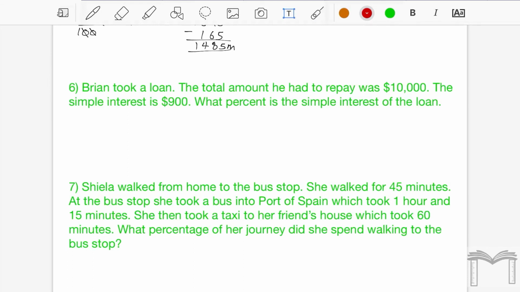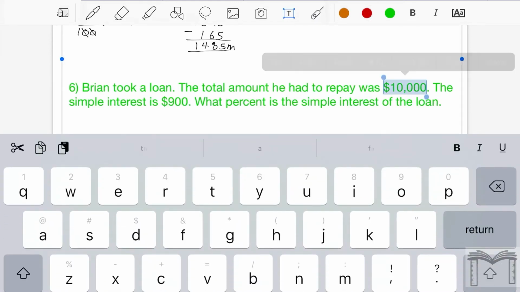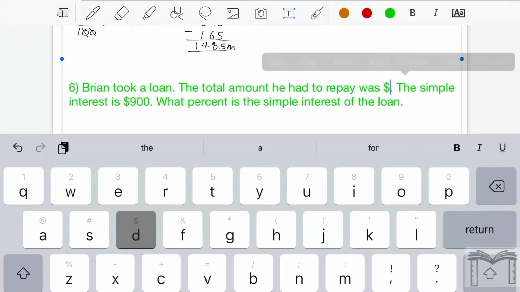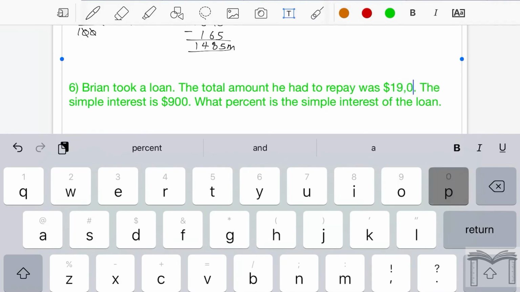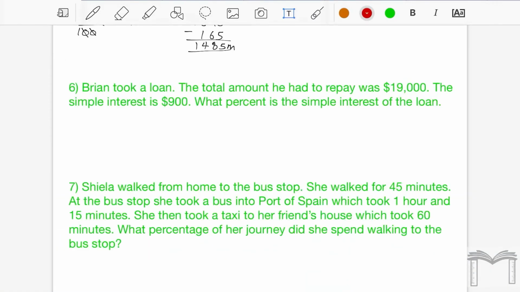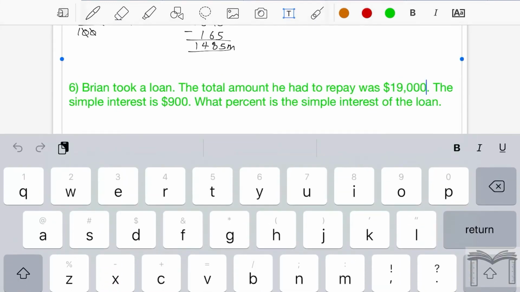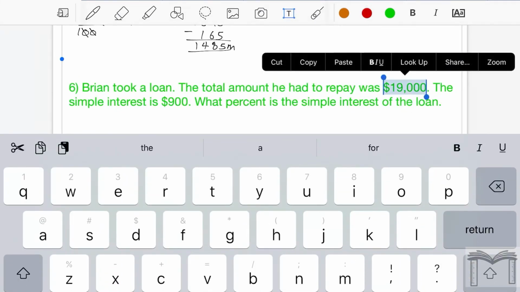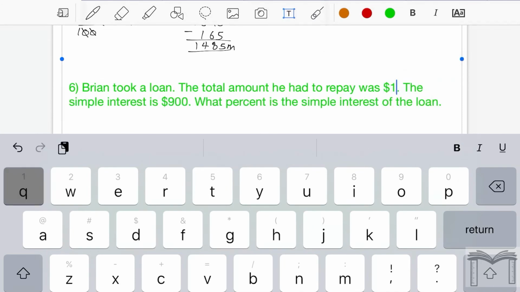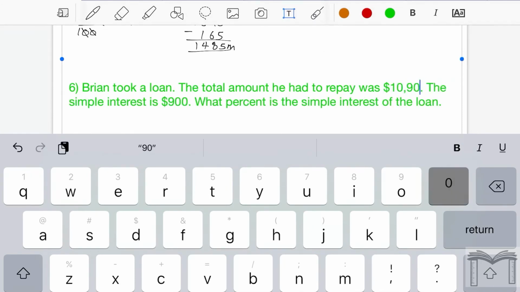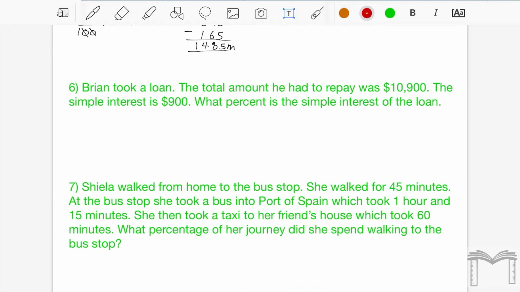The simple interest is $900. What percent is the simple interest of the loan? Yes, so this is still incomplete. Good. Okay. What percent is the simple interest of the loan?